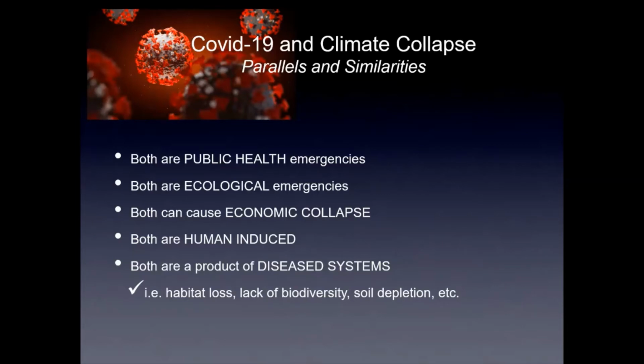They're both going to cause a lot of economic collapse around the United States and around the world. And quite frankly, both of them are human-induced. Climate collapse, climate change, COVID, there are human responsibilities that we have for both of these calamities that we face. And they're both products of disease systems. We've got habitat loss, we've got lack of biodiversity, we've got soil depletion.